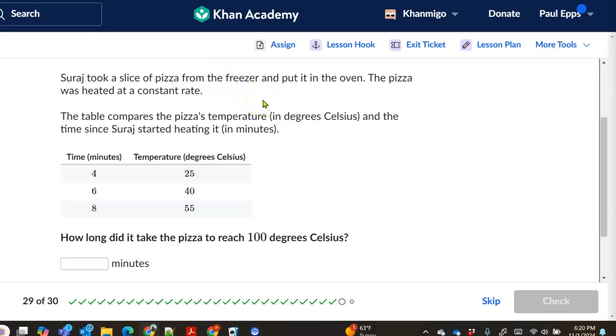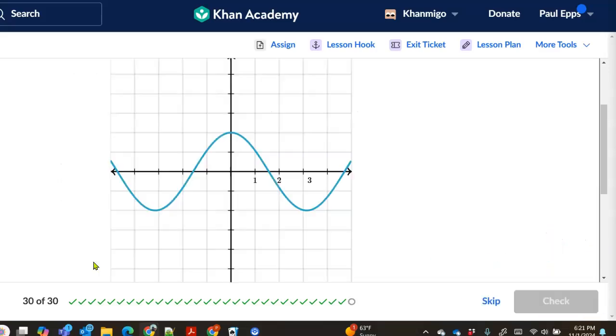All right, so every 2 minutes it goes up by 15, and we need it to go up another 45 to get to 100. So that's 3 more increments of 15, and it would be 3 more increments of 2 minutes. So 8, 10, 12, 14. All right.